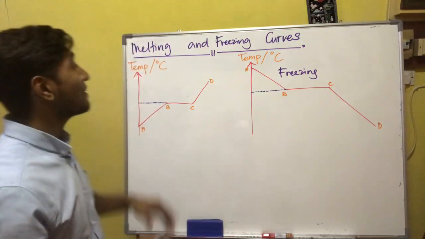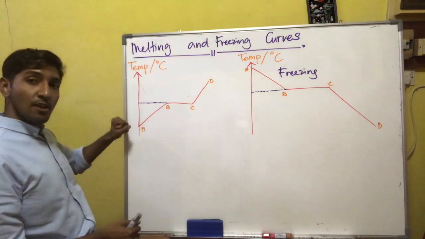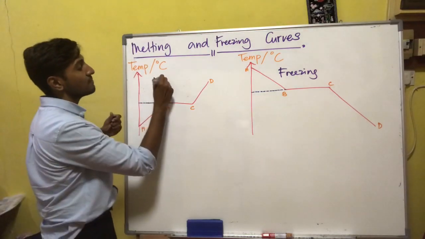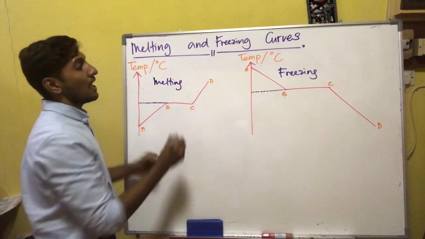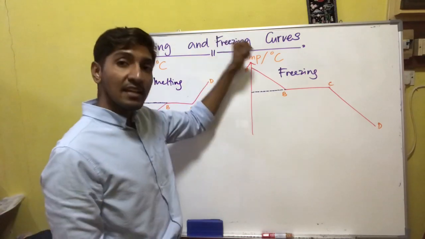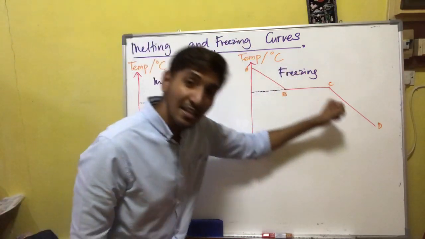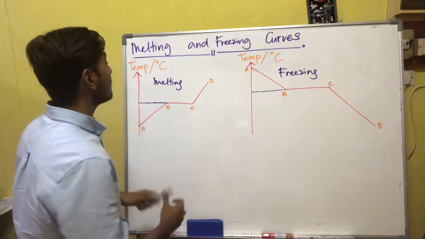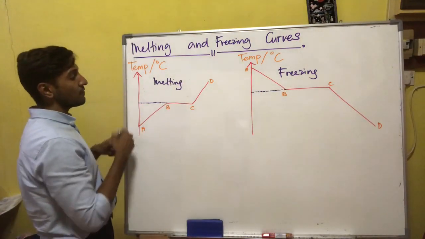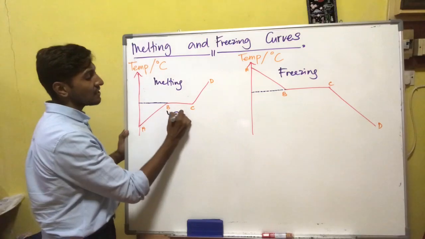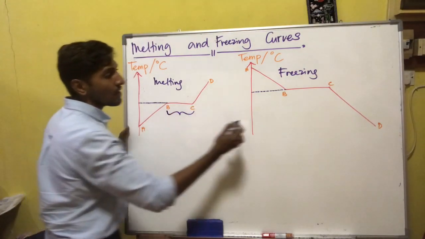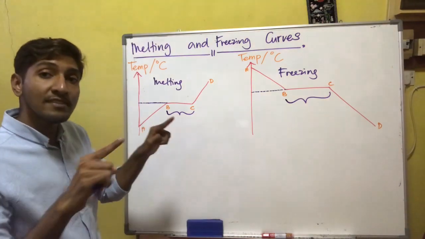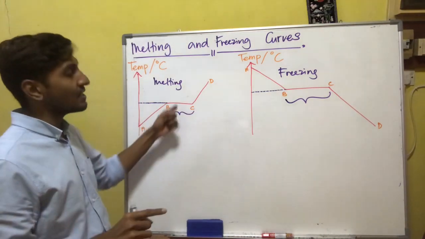So, like I said, melting a solid, you heat it, so temperature rises. So this is melting. And freezing, you take a liquid, you cool it, so temperature reduces. So this is the freezing curve. Therefore, when you have a melting curve, as you can see, there is a moment where there is a constant temperature in both melting and freezing.